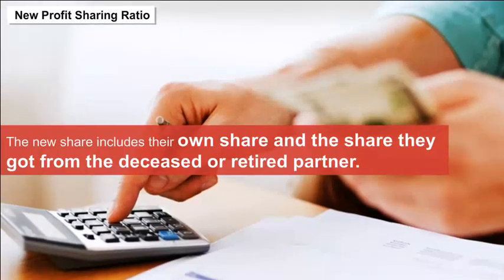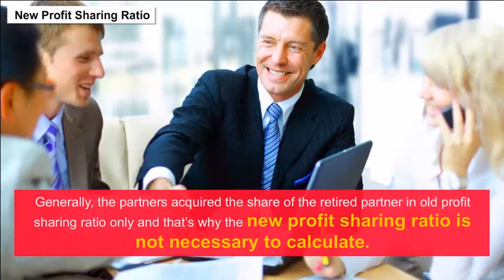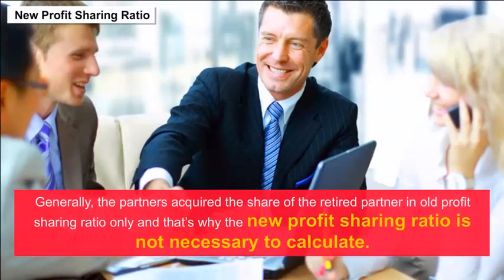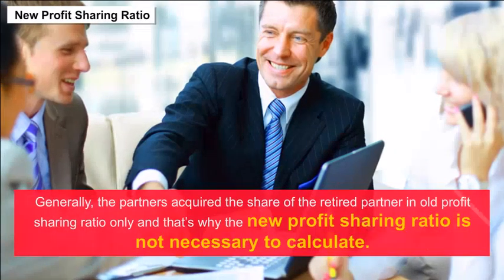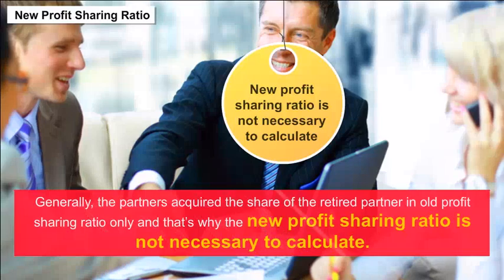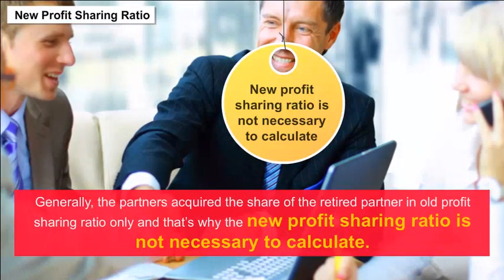Let us take two situations. A. Generally, the partners acquire the share of the retired partner in the old profit sharing ratio only, and that's why the new profit sharing ratio is not necessary to calculate.